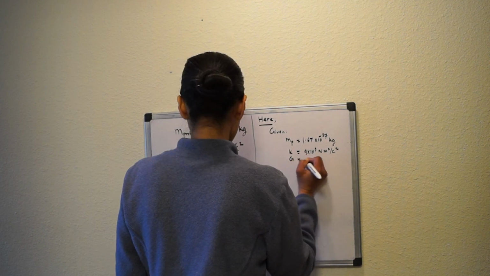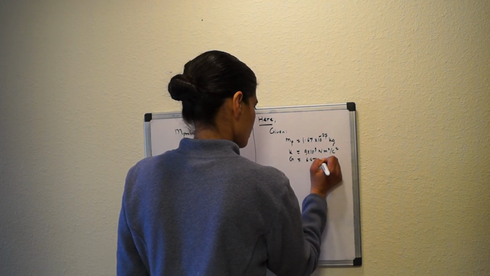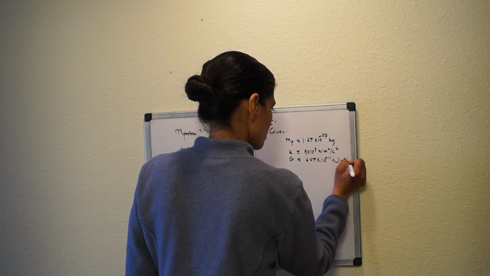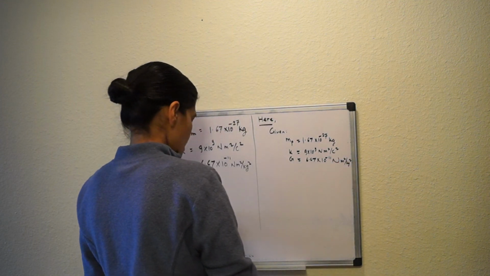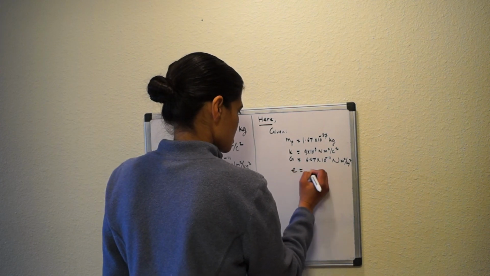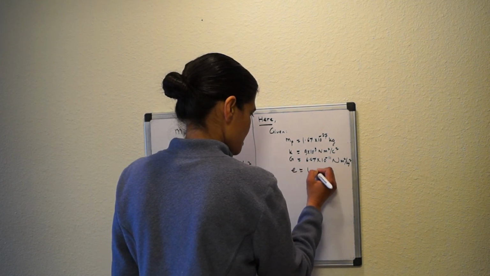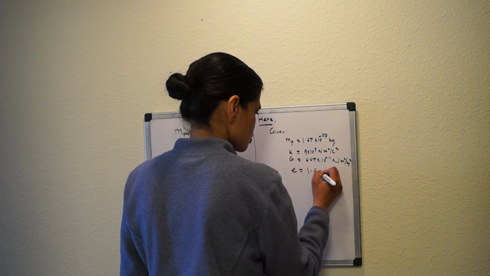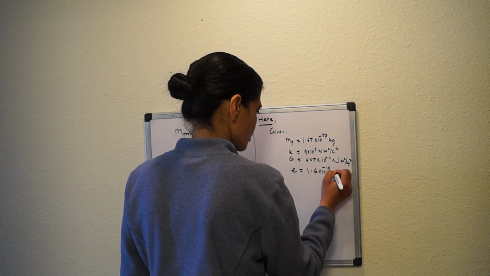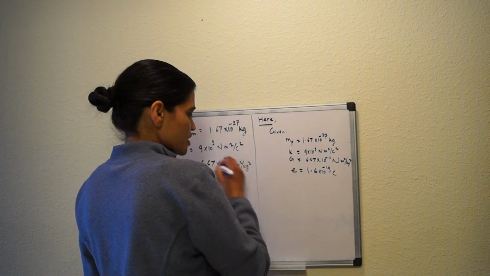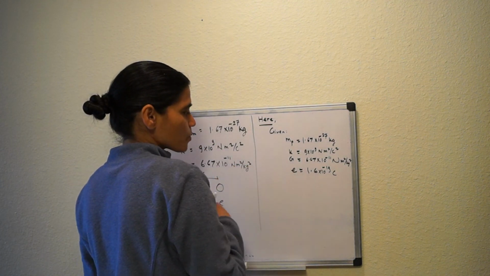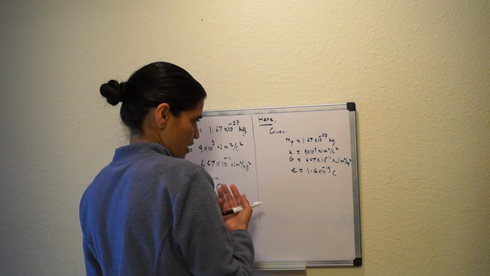Gravity constant G, 6.67 times 10 to the power minus 11 newton meter squared per kg squared. And the charge e is the elementary charge of a proton, 1.6 times 10 to the power minus 19 coulomb. We are not given information about r, but we don't really need that information.